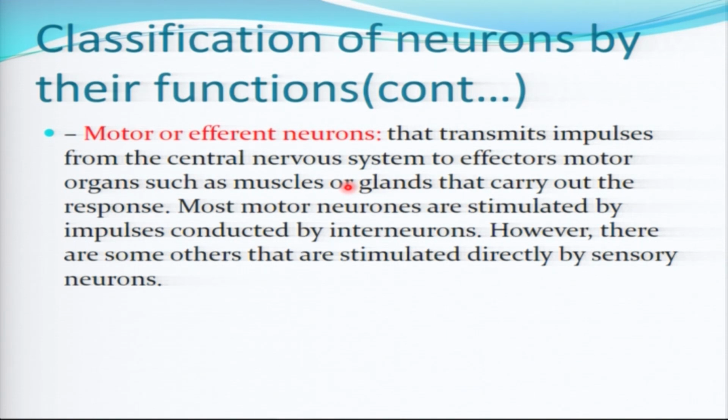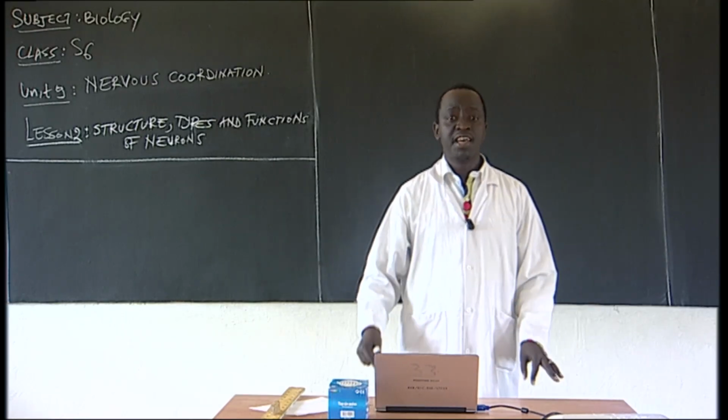Because the brain coordinates. Let me give you an example. Suppose it is very cold in the morning when you wake up. The receptor, which we call a thermoreceptor, has to detect that there is coldness. Then it generates what? The message, the impulse, to send where? To the brain, to ask the brain what can I do, because now it is cold.